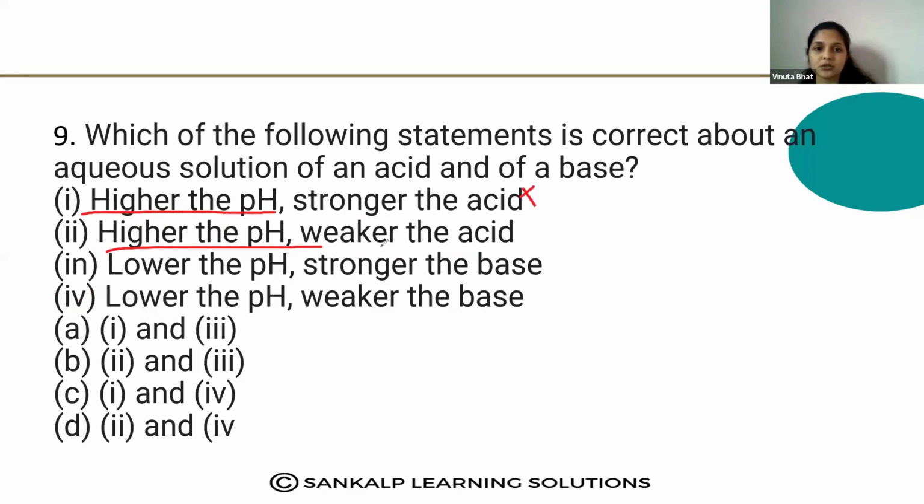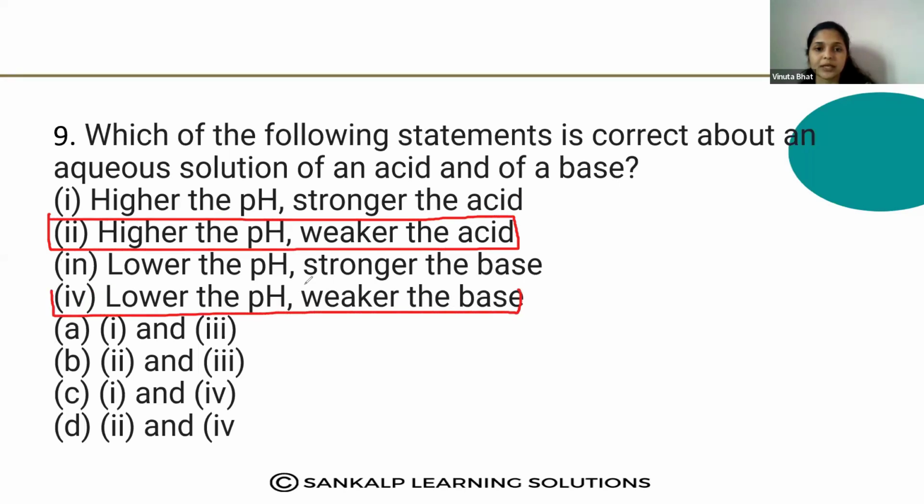When higher pH, weaker acid. Yes, second one is the correct. Higher the pH, weaker the acid. And lower the pH, weaker the base? No, lower the pH, stronger base. So that is the wrong one. So second and fourth one. Option D is the correct answer.